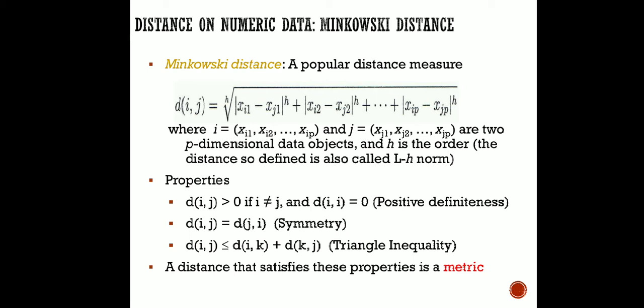You can see here the distance between i and j is being calculated with the h-th root, and that h value we will change accordingly, depending on which kind of distance or which formula we are using to calculate the distance.